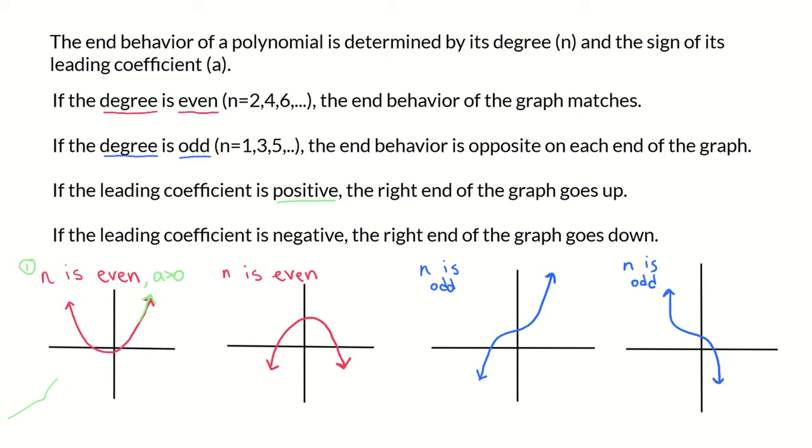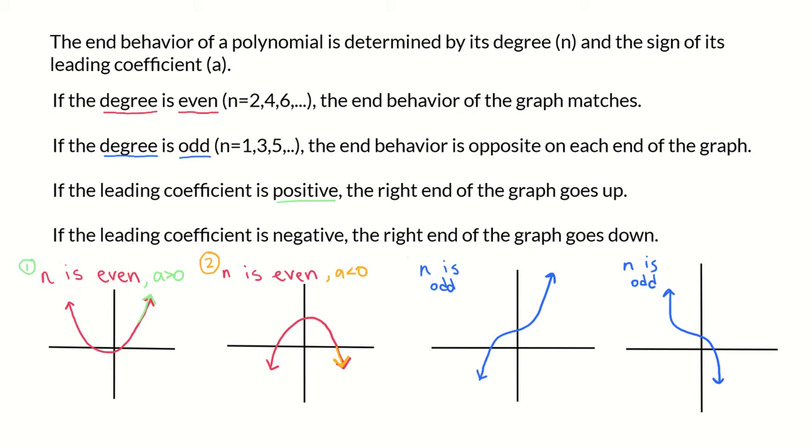If the lead coefficient is negative, then the right end of the graph goes down. So in graph number 2, where n is even, you can see that the right end of the graph goes down. So that means that the lead coefficient is negative.